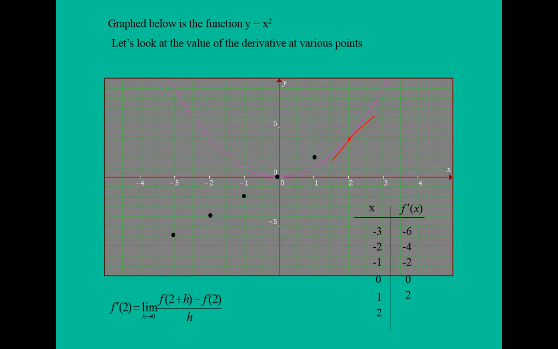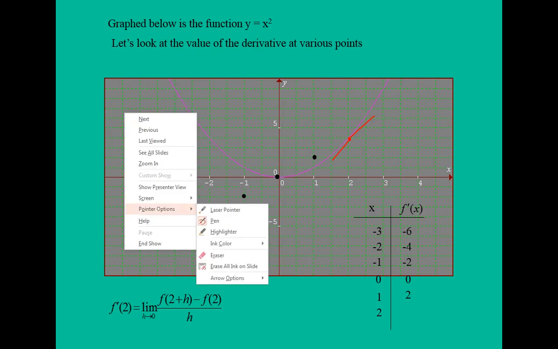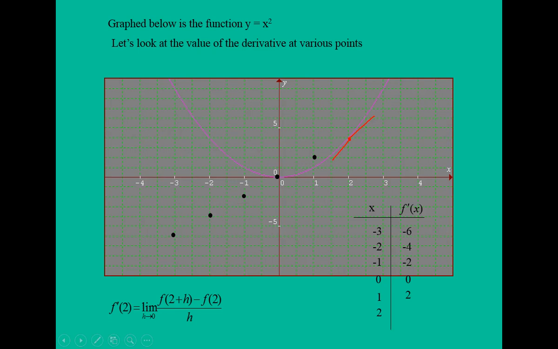To calculate the slope of that tangent line, we're using our limiting process. So when we plug this into our limit, we would get 4. So there's another point we could plot. It happens to be a point on the graph, but the slope of the red line is 4.